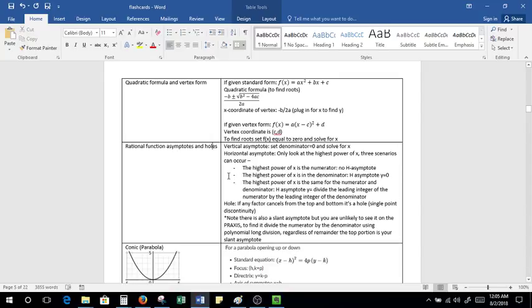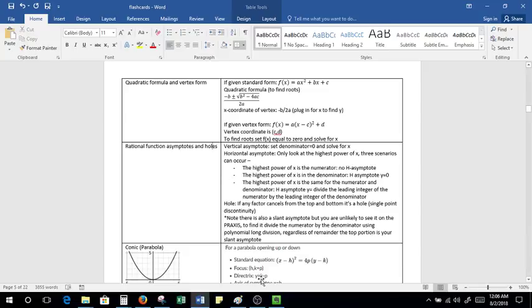The highest power of x is in the denominator, in which case the horizontal asymptote is 0. Or the highest power of x is the same for the numerator and the denominator. In that case, the horizontal asymptote is y equals the leading coefficient of the numerator divided by the leading coefficient of the denominator.